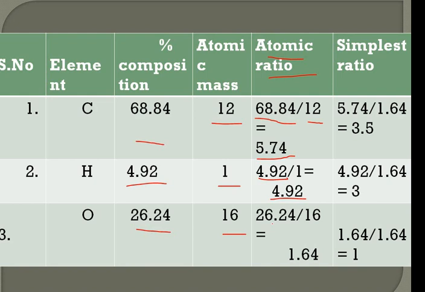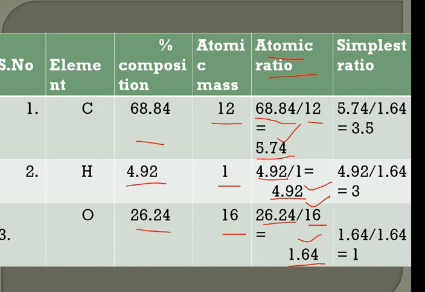And the third one, the oxygen percentage composition is 26.24 divided by the atomic mass of oxygen, that is 16, right? So the answer will be 1.64. Now you see among these 3 values, 5.74, 4.92 and 1.64, the smallest one is 1.64 obviously.